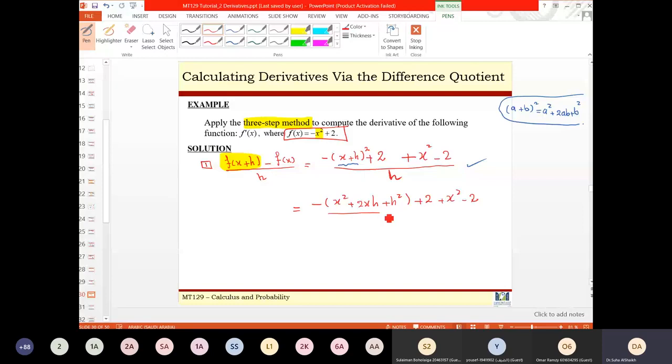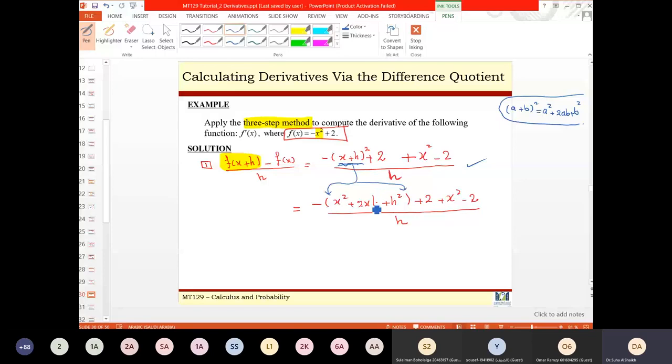This amount, x plus h squared, became x squared plus 2xh plus h squared.